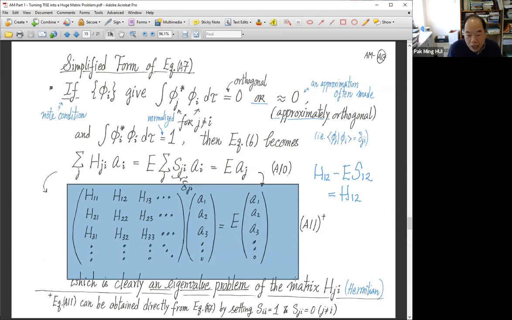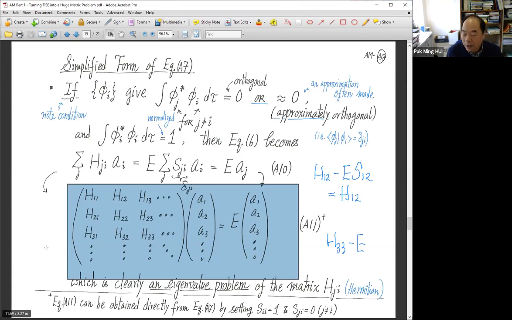So all the off-diagonal becomes simpler, just Hji, okay? And all the diagonal also becomes simpler. For example, H33 minus E, that's it, because S33 is 1, okay? So therefore, we can rewrite the whole thing as equation 11.